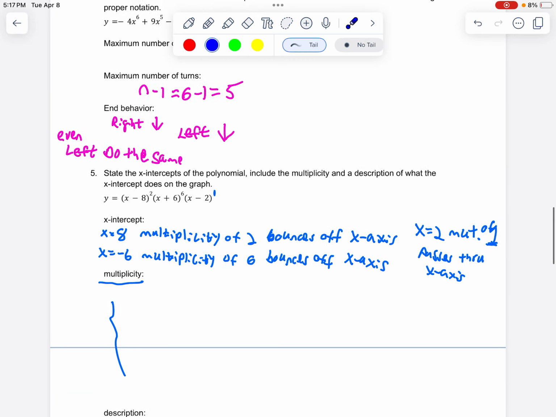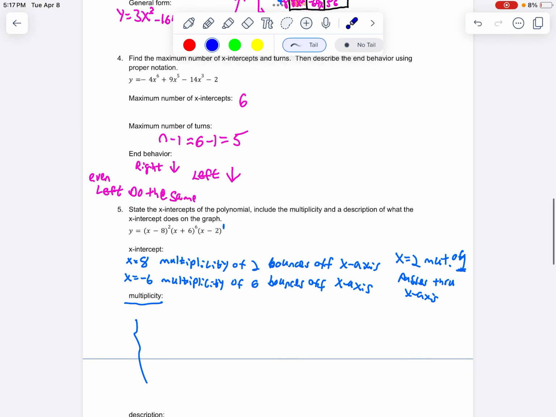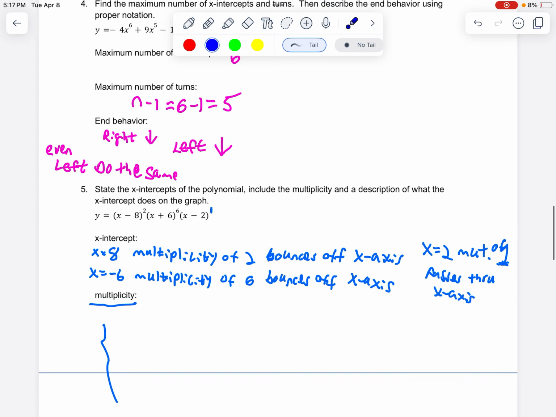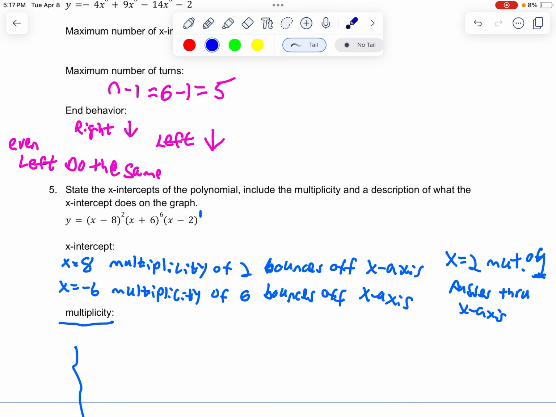The last little bit, okay? Notice they gave you this space. I didn't realize it, so I wrote it all right here. First of all, here's your factored polynomial. All right, state the x-intercepts of the polynomial, including the multiplicity.